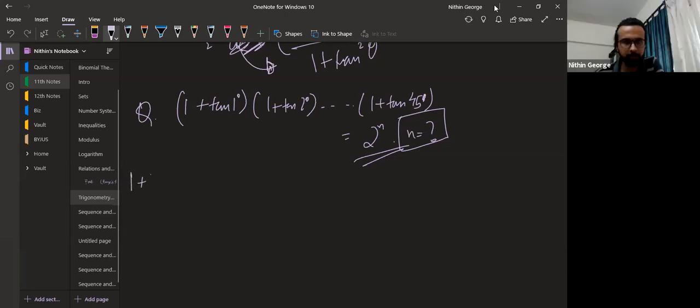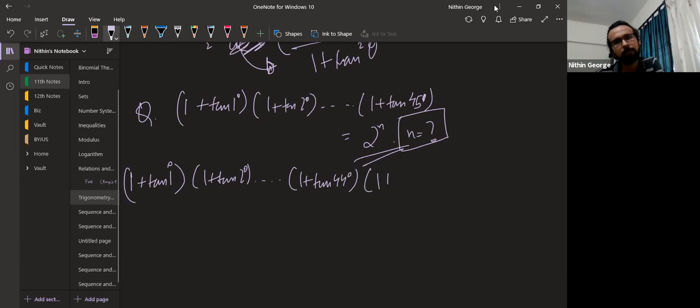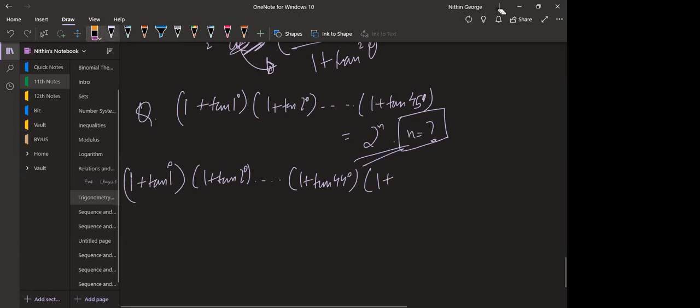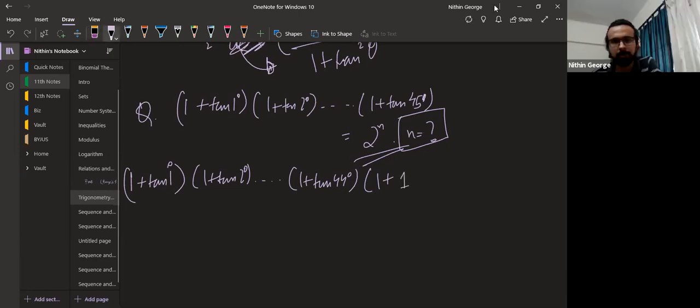Okay, so first I would like you to see this: 1 plus tan 1 degree into 1 plus tan 2 degree all the way up till 1 plus tan 44 degree into 1 plus tan 45 degree. What's tan 45? 1. And so we already have that the last term is 1 plus 1, which is 2. Now we have 2 into 1 plus tan 1 degree.